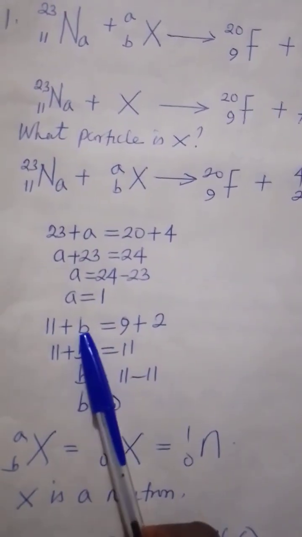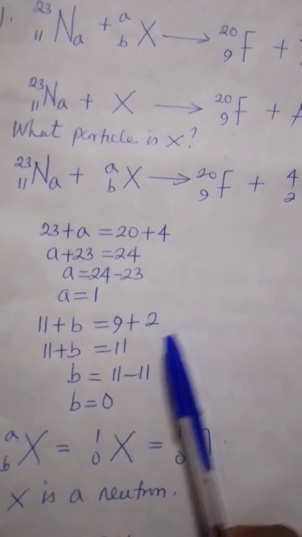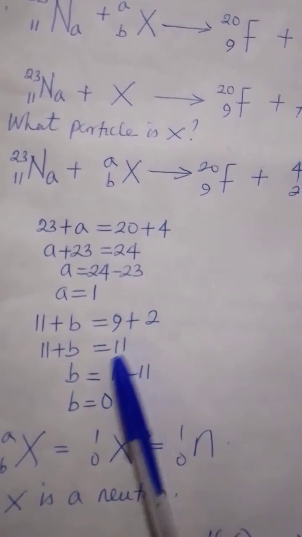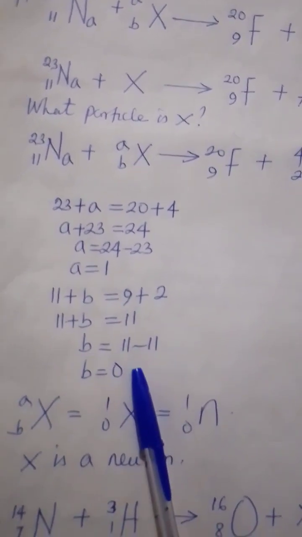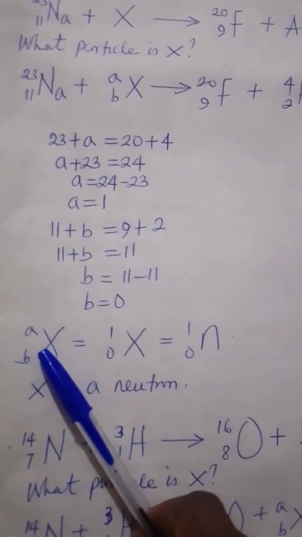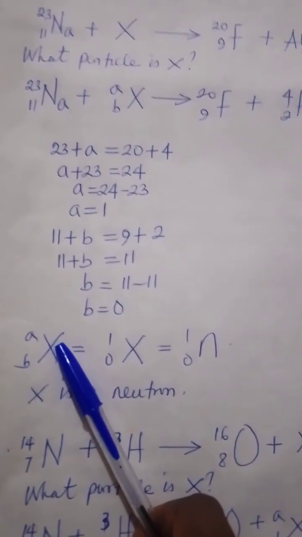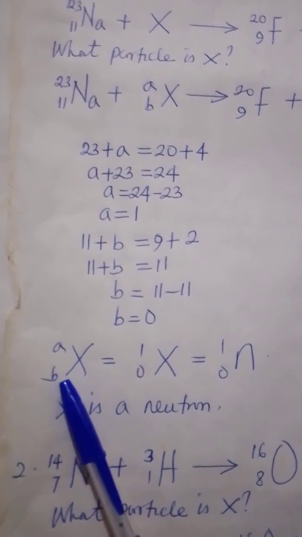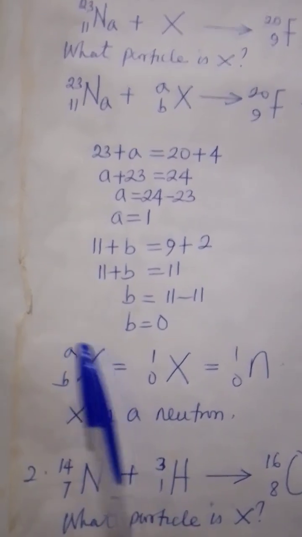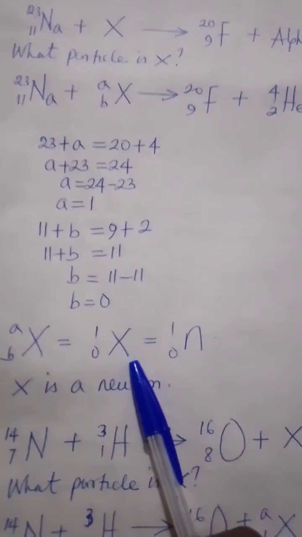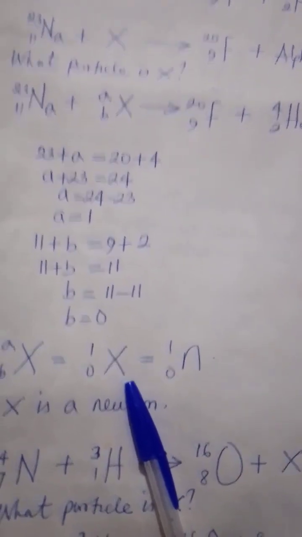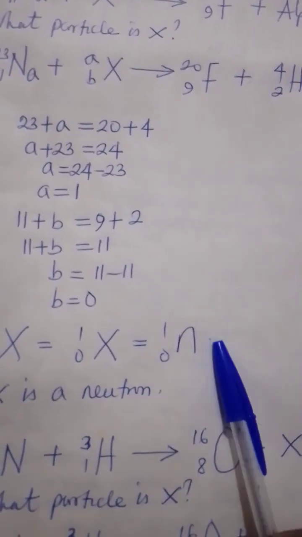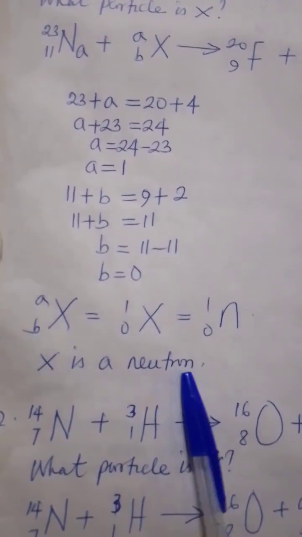So 11 plus B is 11. So B is actually 0. So if we put the values we got, the X, A B becomes 1, 0, n, which is similar to neutron. So it means that X is a neutron.